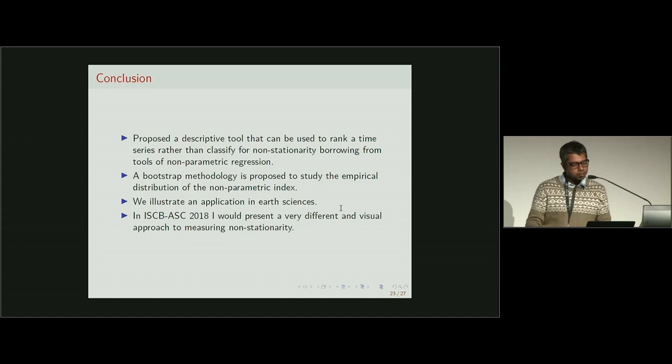We have also described a Bootstrap methodology. If you are estimating your time series using a DLM, you can very easily construct a non-parametric Bootstrap to measure the uncertainty of the non-stationarity metric.